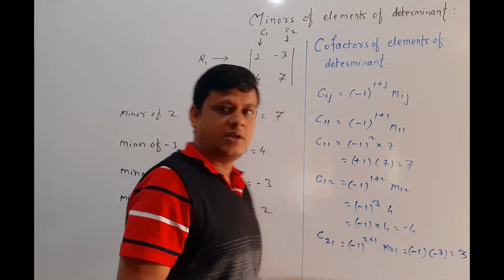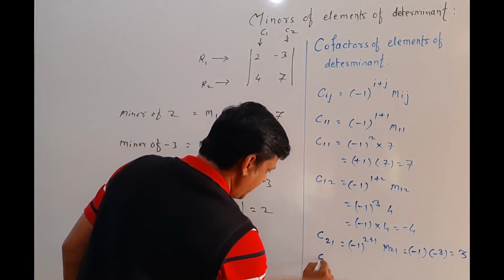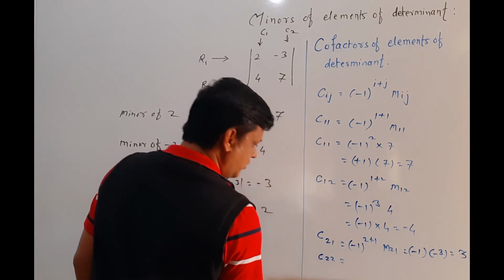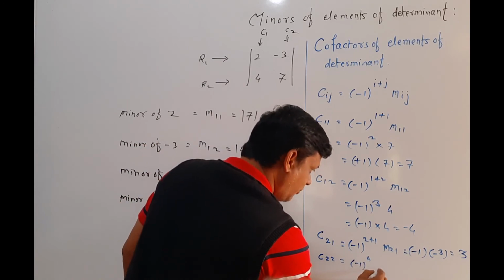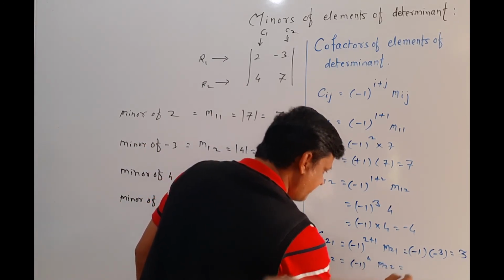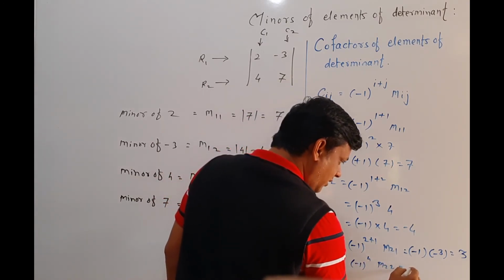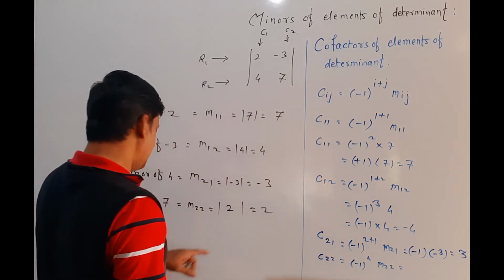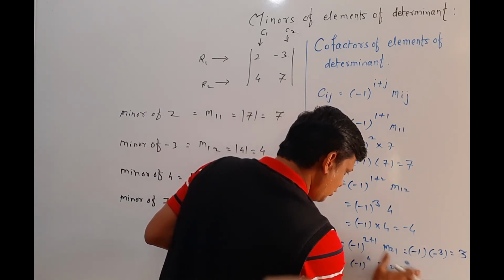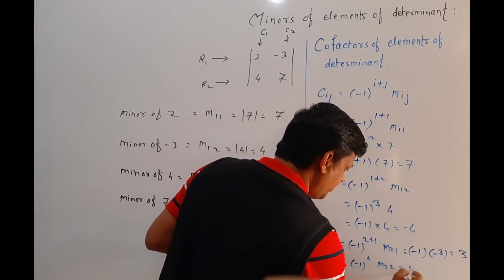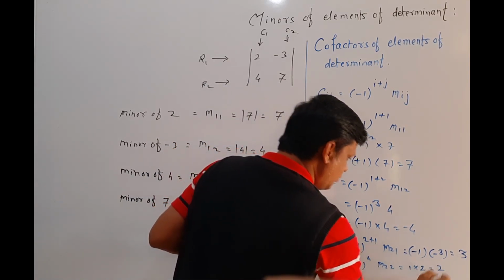Similarly we calculate the last cofactor, that is C22 is equal to, now 2 plus 2 is 4, that means we get -1 raised to the power 4 into M22. -1 raised to the power 4 is plus 1. M22 is 2, so 1 into 2 is equal to plus 2.